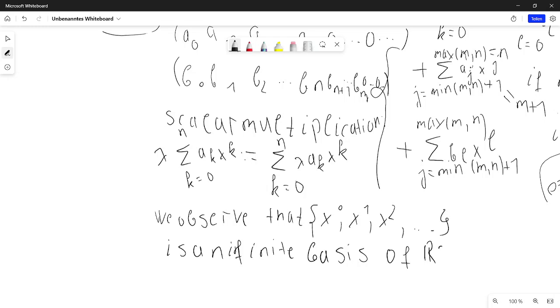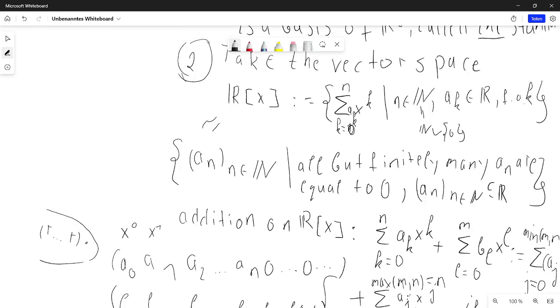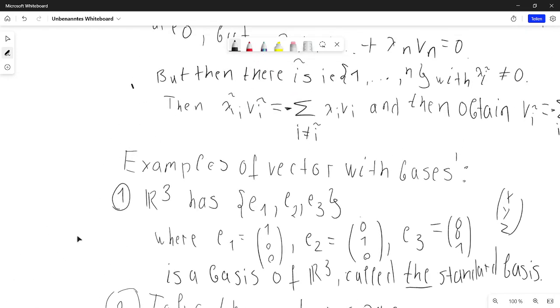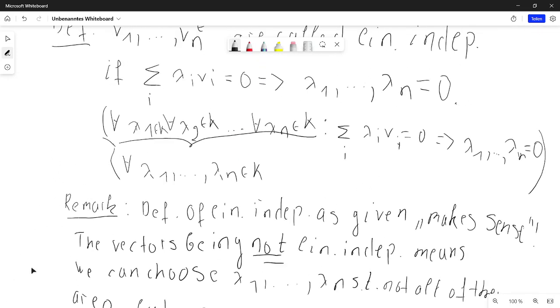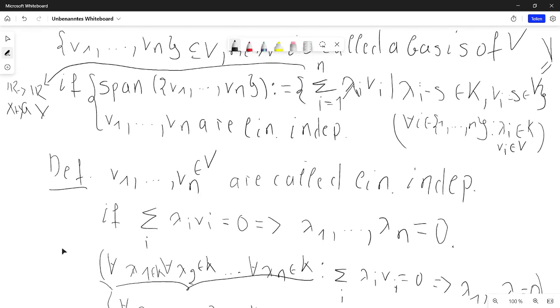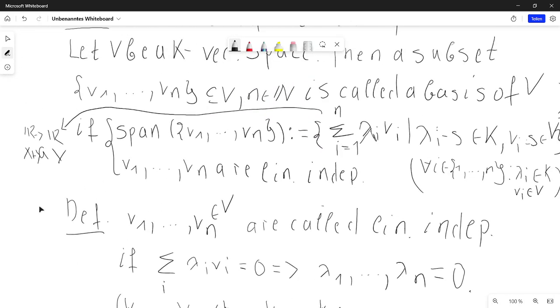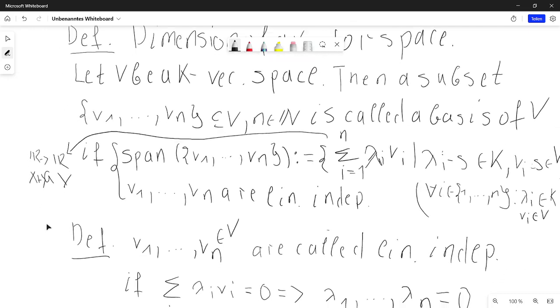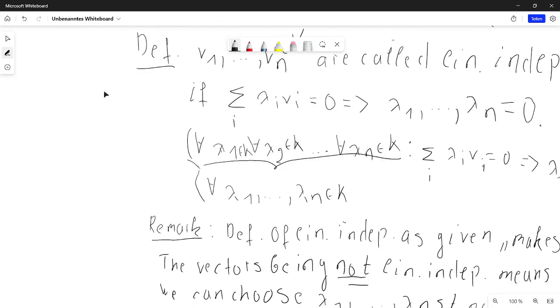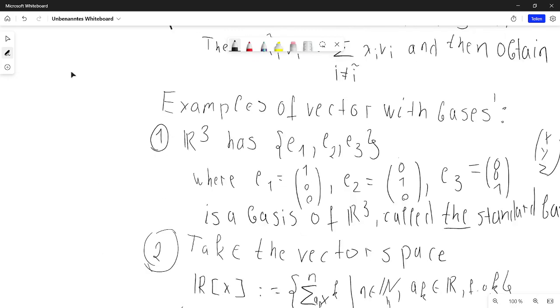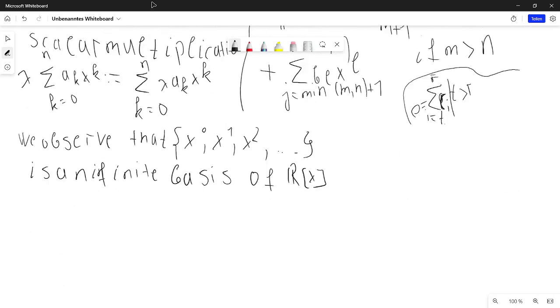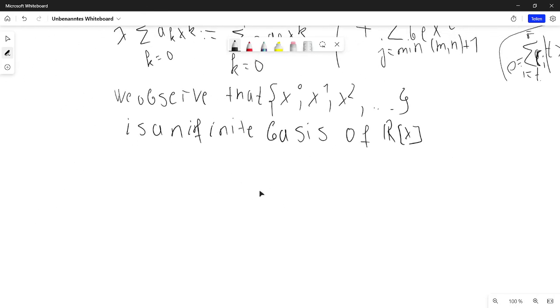Basis of R[x]. Well, and what do we mean by basis here? In our definition, we only had that a basis is some finite set, right? But this is a more advanced notion of basis. This basis is also important, in particular if you want an example in quantum mechanics.